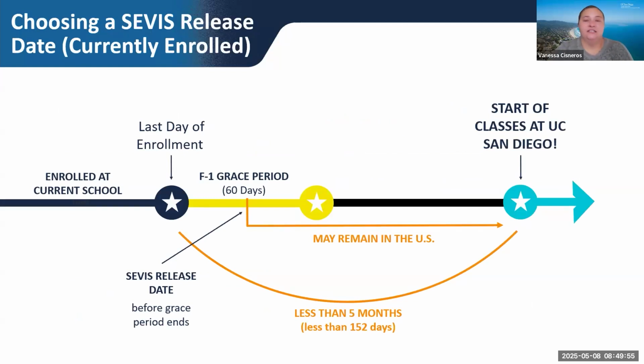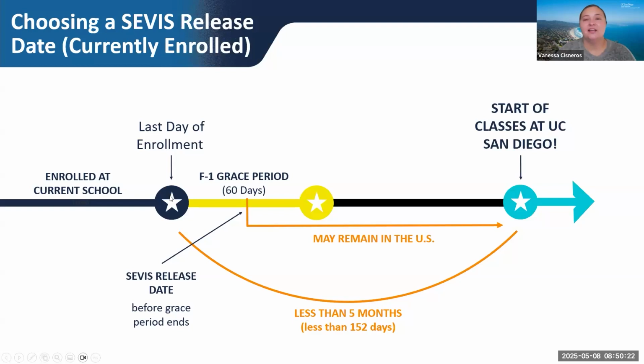Our first visual is for currently enrolled students at another institution, or a student who's currently enrolled or just recently enrolled, in selecting a SEVIS release date. So we can see here that your SEVIS release date has to be within your 60-day grace period. And your 60-day grace period begins the day after your last day of enrollment.